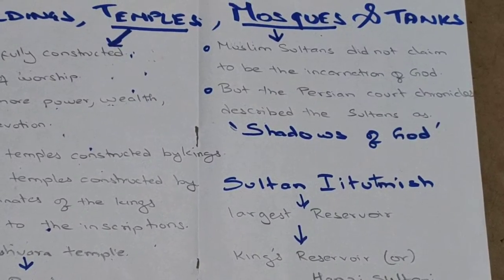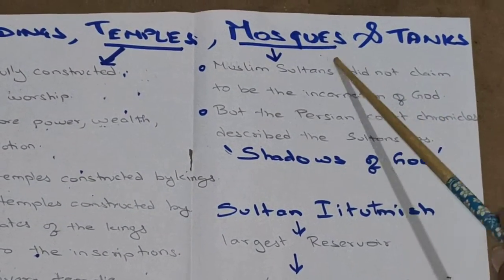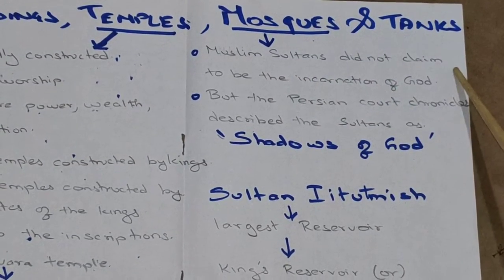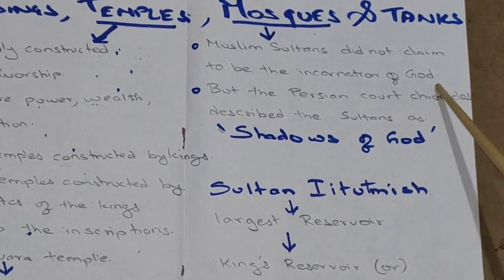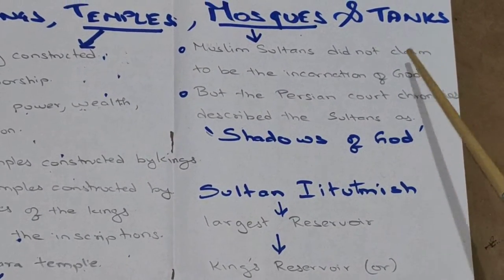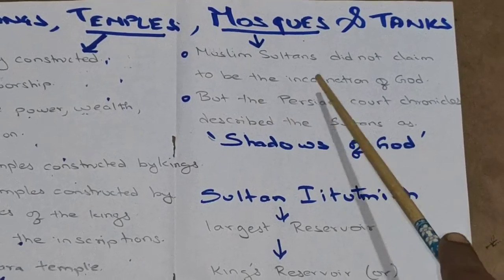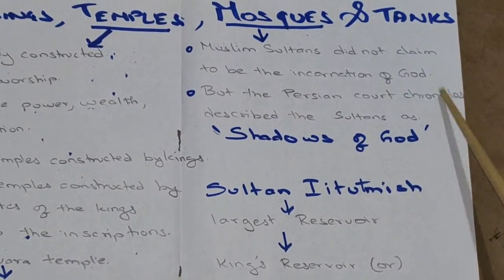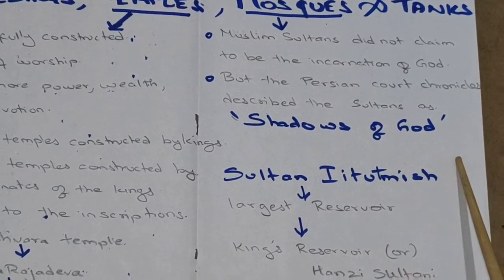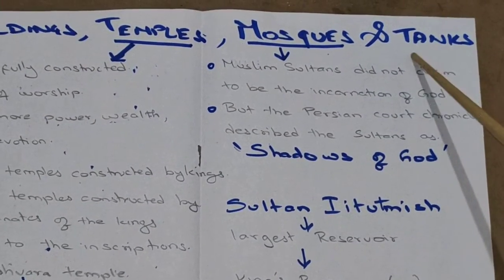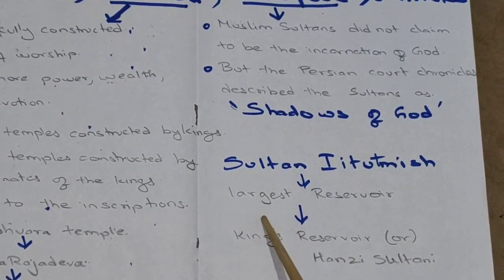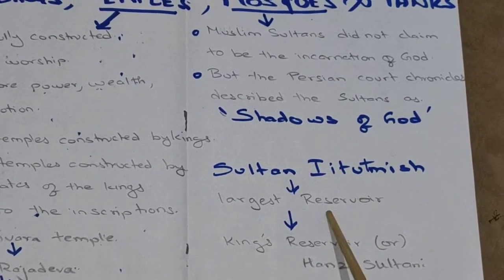Now, on the other hand, we will see about mosques. The Muslim sultans did not claim to be an incarnation of God. Incarnation is the rebirth or taking the form of God. But the Persian court chronicles described these Muslim sultans as shadows of God. The Muslim sultan Sultan Iltutmish built the largest reservoir.